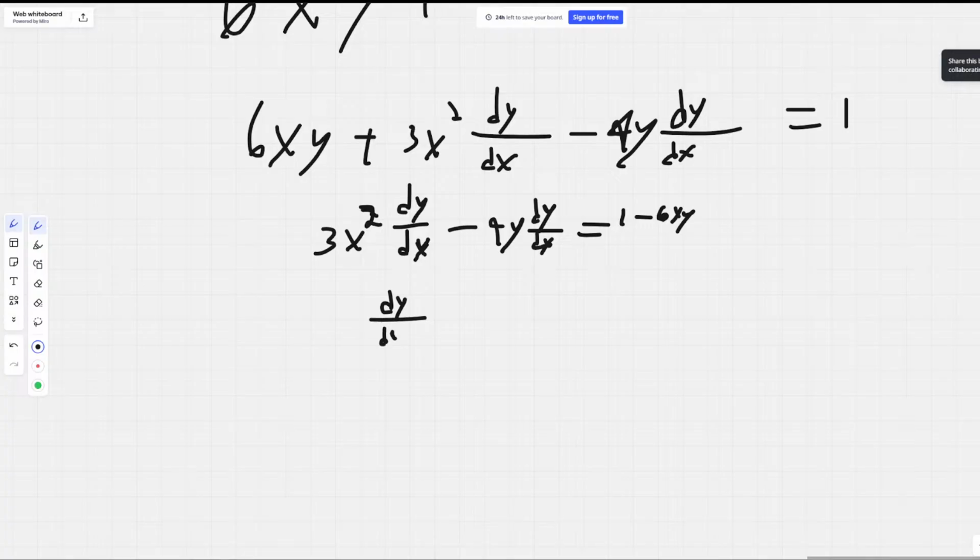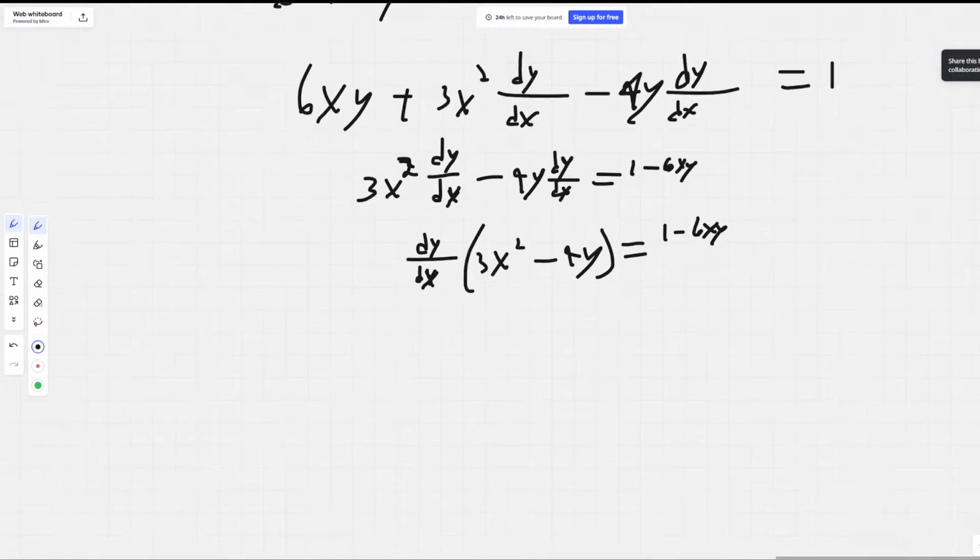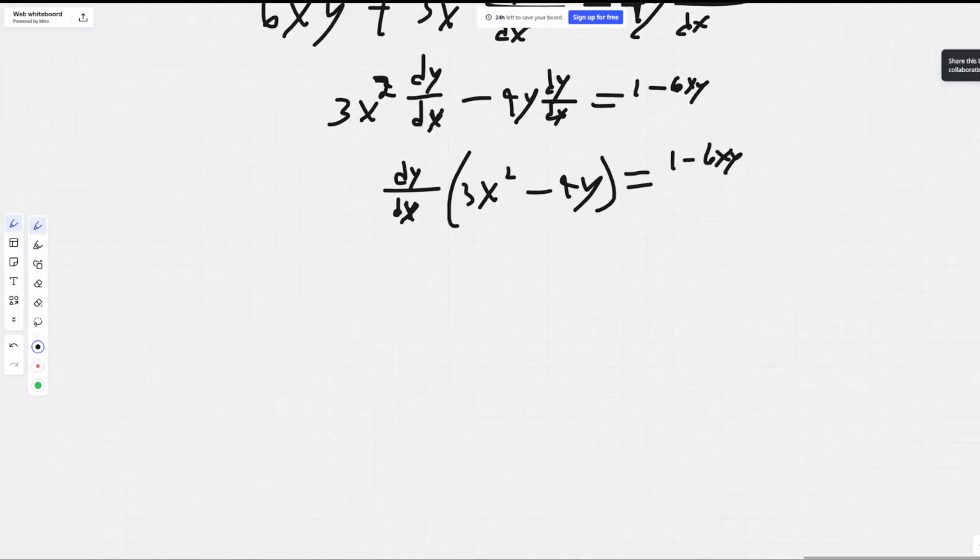Okay, dy dx, 3x squared minus 4y, xy, which leads it to be a pretty basic thing to move then.